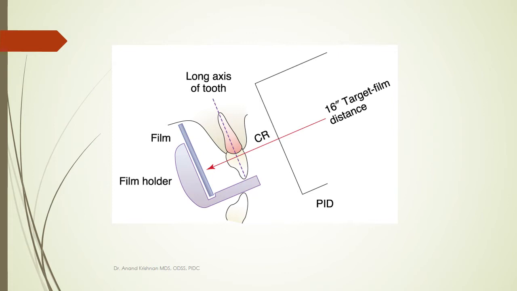By making it parallel, the film is at the exact dimension of the tooth, covering the tooth from the incisal edge to the apex. When a central ray passes through the tooth, an exact replica of that image is what you are supposed to get on the receptor. So how do we achieve this parallelism?